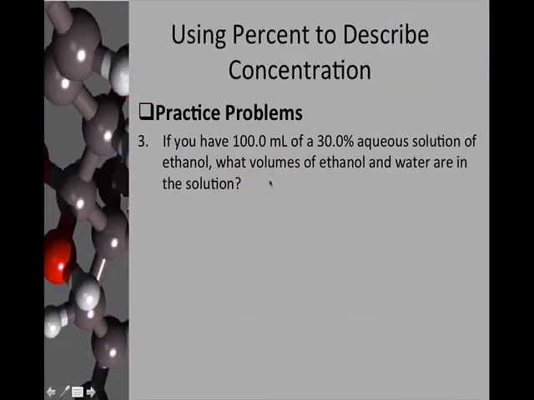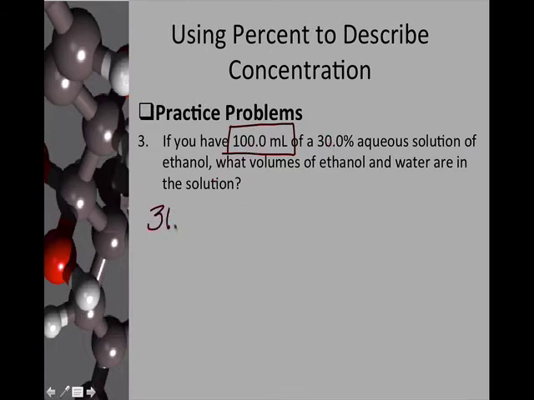The third problem says, if you have 100 milliliters of a 30% aqueous solution of ethanol, what volumes of ethanol and water are in this solution? And this one doesn't really require a whole lot of math, especially since they gave us 100 as our total volume of this solution. So since it's 30% ethanol, we know 30% of 100 is 30.